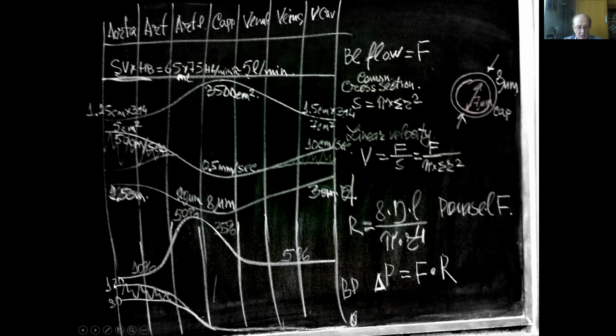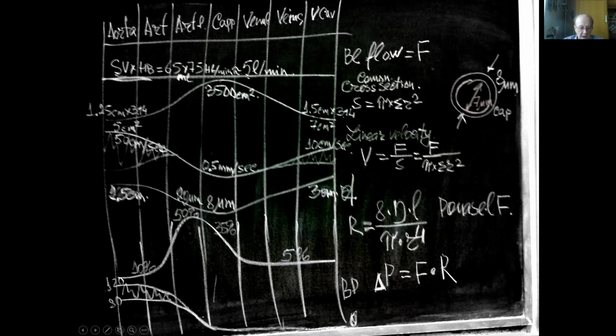The blood pressure decreases as well. But in the veins, the linear velocity starts to increase again. But the blood pressure goes down little by little, step by step. It doesn't increase. Why? What is the correlation between these two parameters?